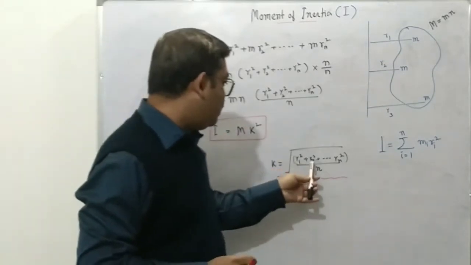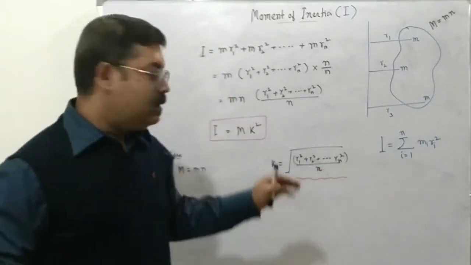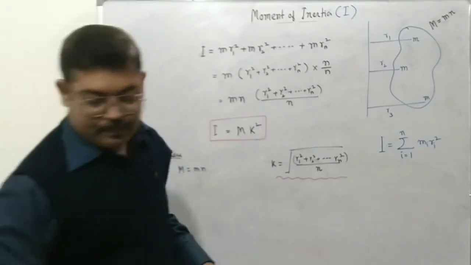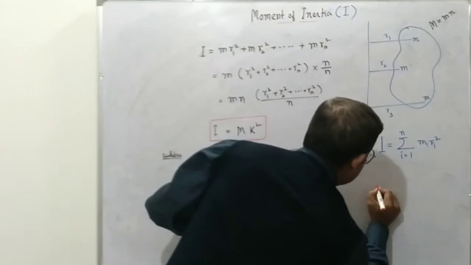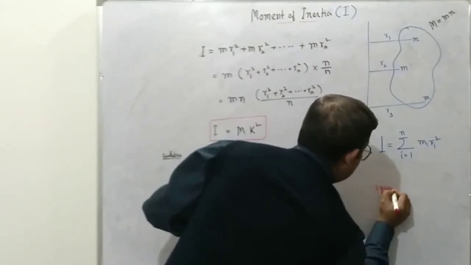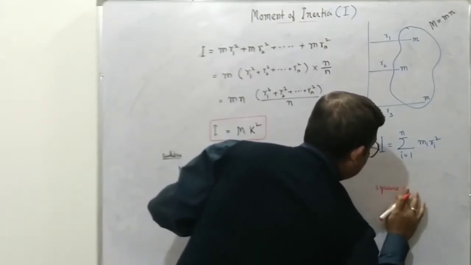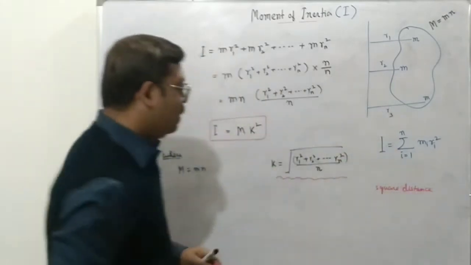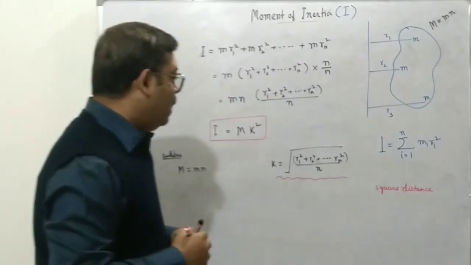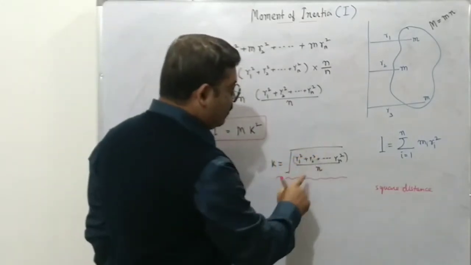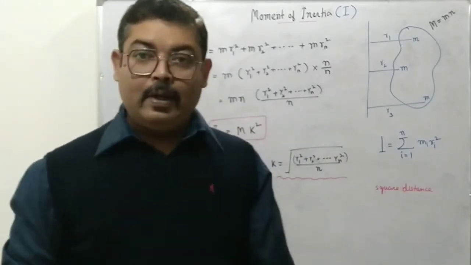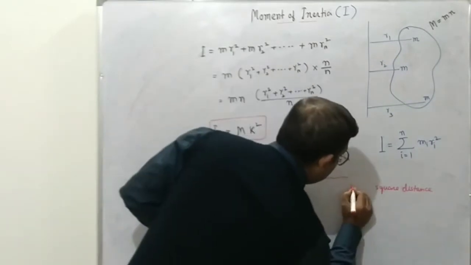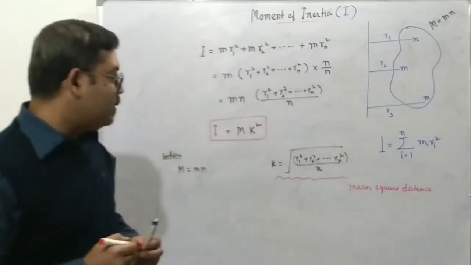So R1 square, R2 square, R3 square are the squares of the distances. Now if I take R1 square, R2 square, R3 square, whole thing divided by n, then what we get is the mean of the square of the distances.